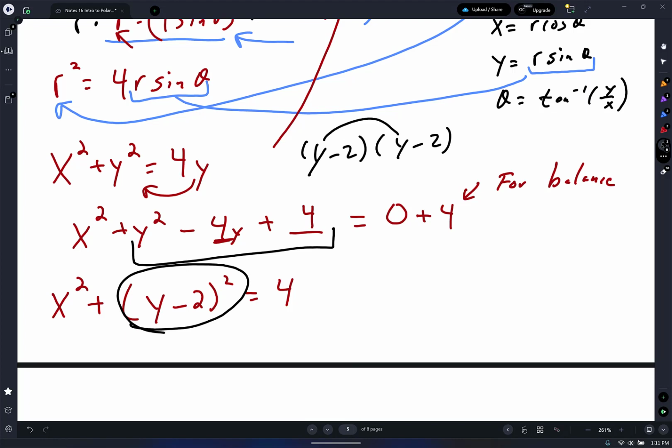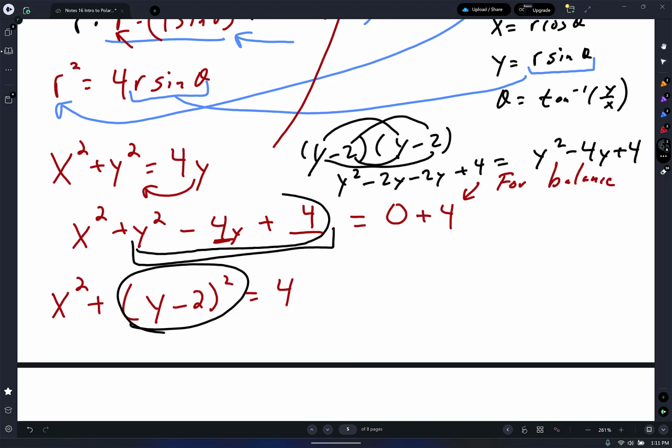When I distribute, Y times Y is Y squared, Y times negative 2 is negative 2Y, negative 2 times Y is another negative 2Y, and negative 2 times negative 2 is plus 4. So that is Y squared minus 4Y plus 4, which is what I was trying to get. I wanted a binomial with a square on it. That's what it means to complete the square.